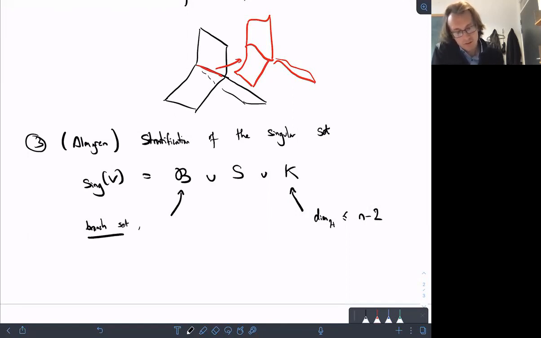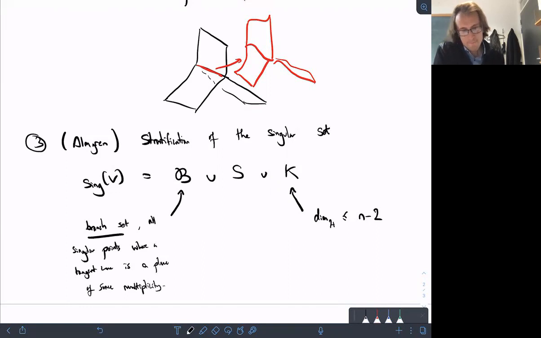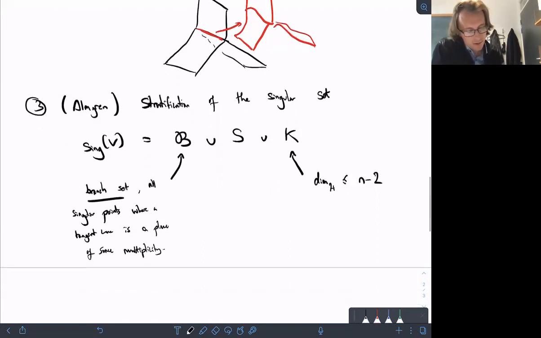And this is all the singular points where a tangent cone is a plane of some multiplicity. It turns out from something called the constancy theorem that the multiplicity has to be constant across the tangent plane.